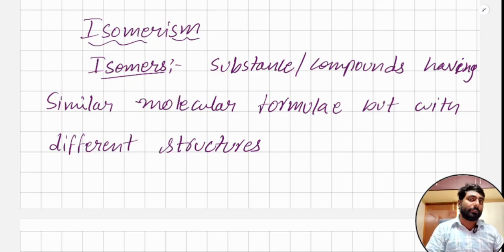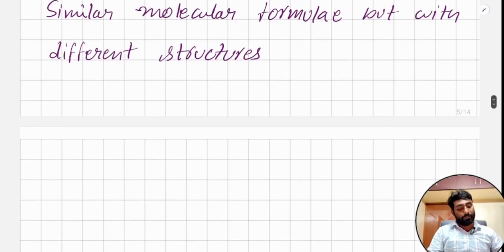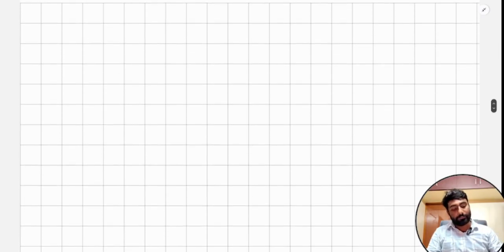So they have the same molecular formula, but if you see their structure, they will be different. Okay. And now we will see the classification of isomerism.